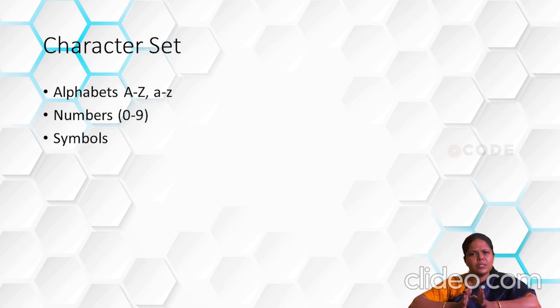The same applies to the programming language also. So the character set gives you the set of characters and symbols using which we can frame an instruction. Here we can make use of alphabets in both uppercase and lowercase, the numbers from 0 to 9, and also all the special symbols. This altogether is the character set which we can use in the C programming language.